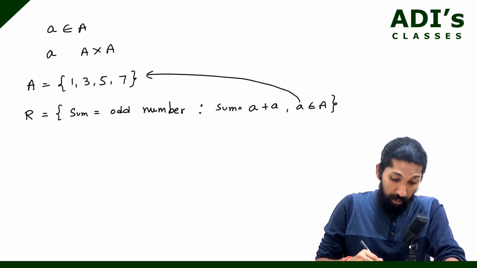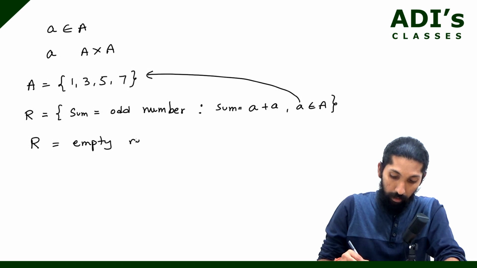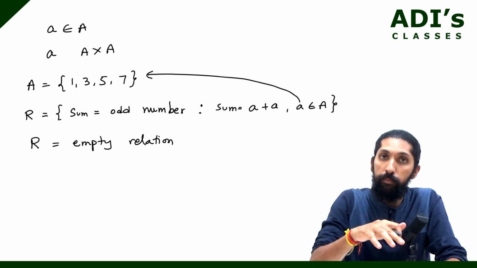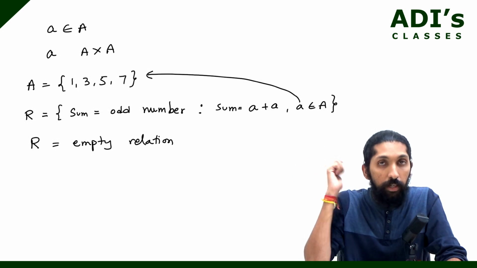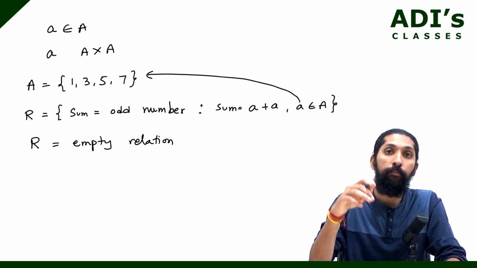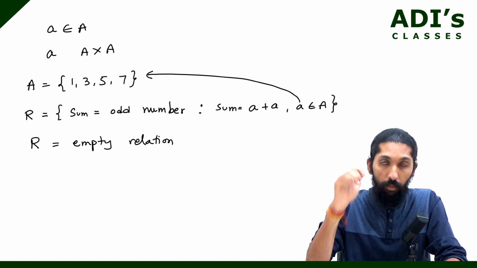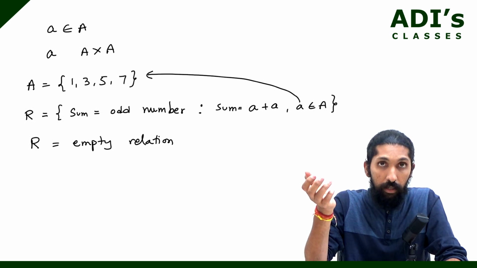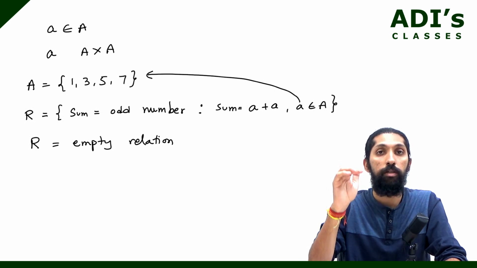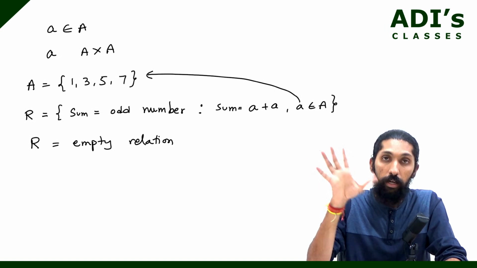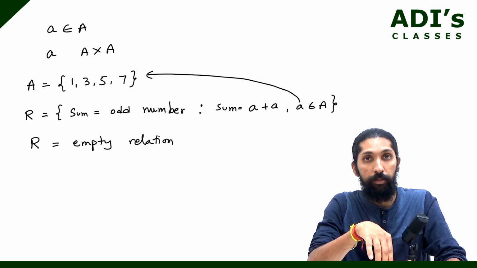So this relation R is an empty relation, because there are no elements in this particular relation. This is how we define an empty relation. An empty relation is that relation where the elements which belong to the set have no relationship whatsoever. That is basically an empty relation.